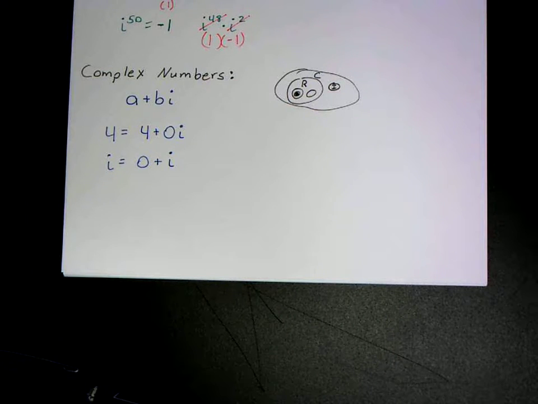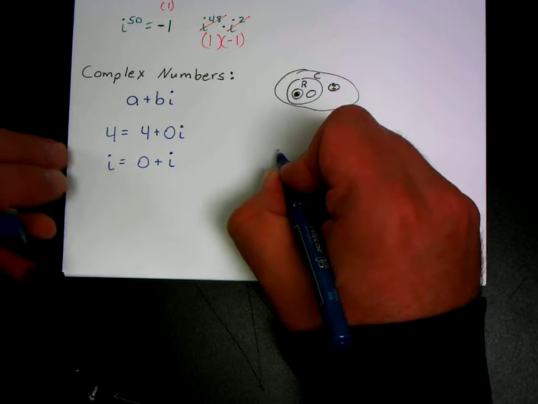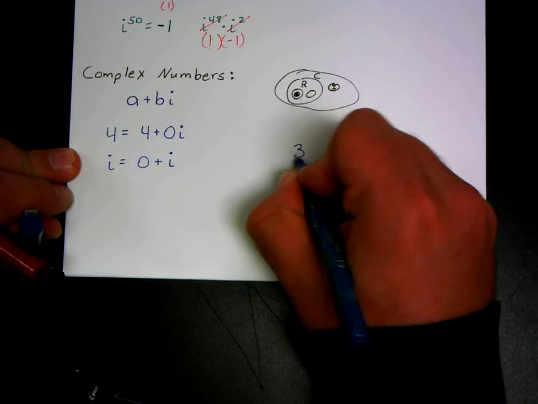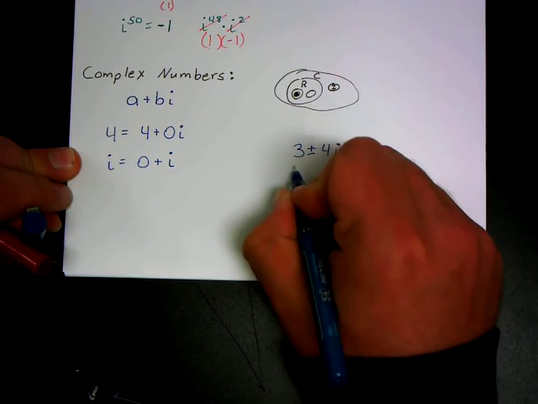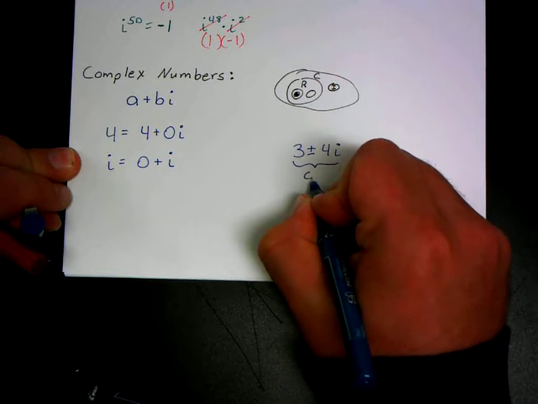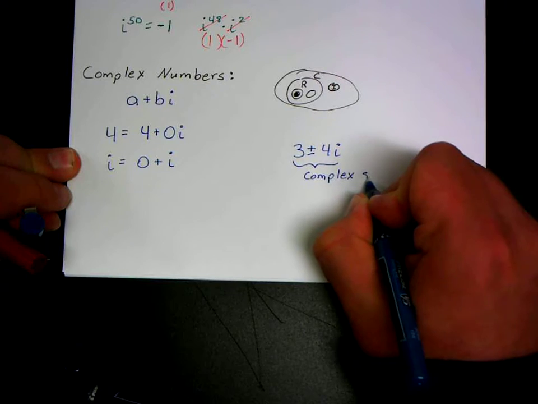So every number you can think of is a complex number. It's a complete set. So what we're learning today is how to work with complex numbers. So whenever you're doing factoring, or not factoring, but completing the square, things like that, and you get answers that look like this, this is a complex number. You got a complex solution.